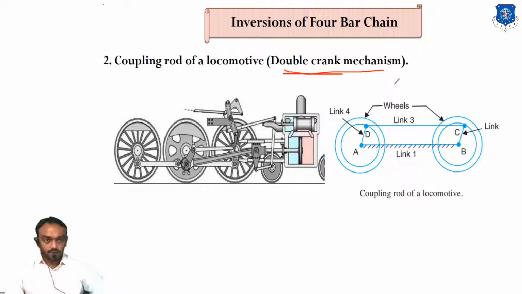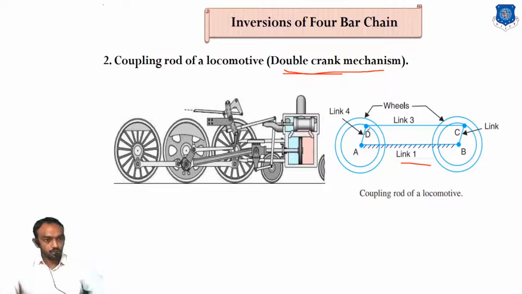Second is the coupling rod, double crank mechanism. You can see link number 1, link number 2 here, link number 3 here, and link number 4. In this mechanism, link number 4 and link number 2 both are rotating. How?